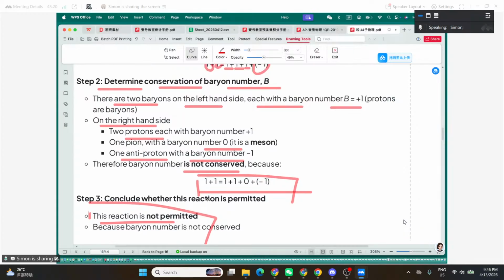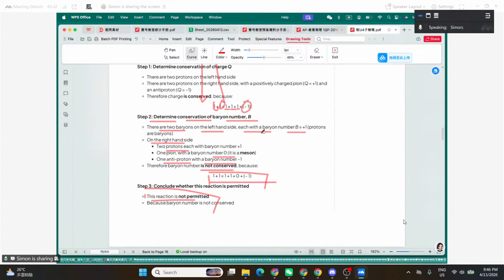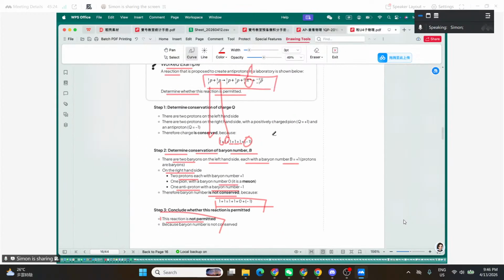Here is the process. First, every time for this topic, we first calculate the conservation of charge. Remember, charge conservation is always the first step.